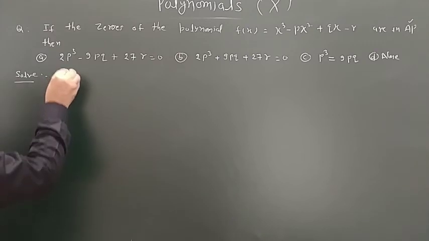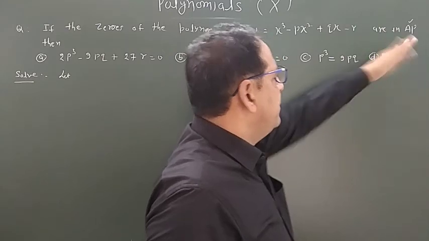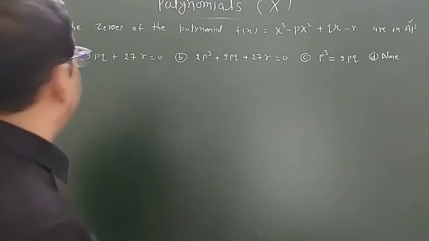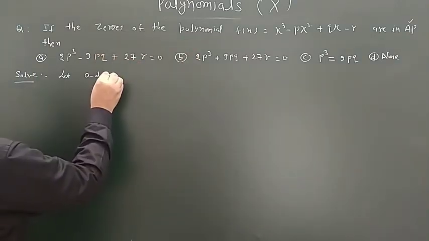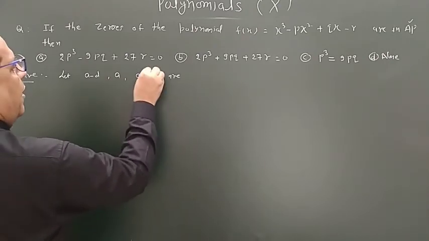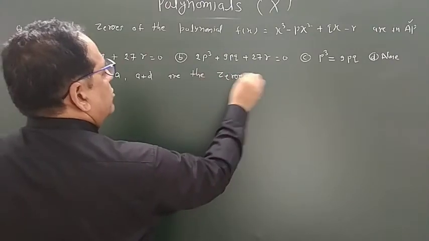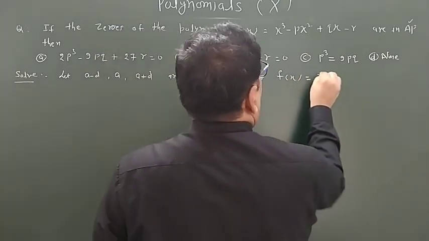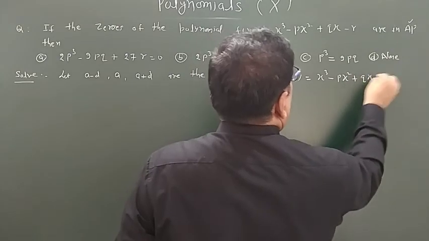Let, I told you a little while ago that whenever I have to use three numbers in AP, then I am taking A minus D, A and A plus D. So let A minus D, A, A plus D, because the zeros are in AP, be the zeros of f(x) equal to x cube minus p x square plus q x minus r.